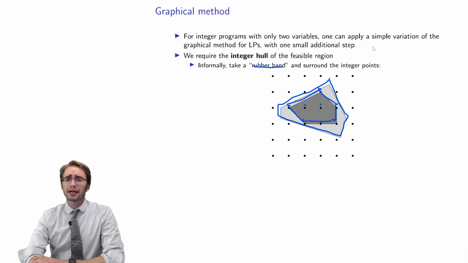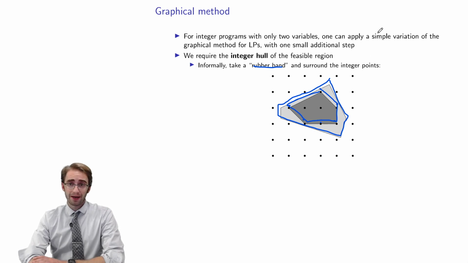Now what have I accomplished by doing this? Let's look at this dark shaded region. This is called the integer hull of these points. I obtained it by taking the linear programming relaxation, highlighting the integer points inside that set, and then wrapping this imaginary rubber band around those points.